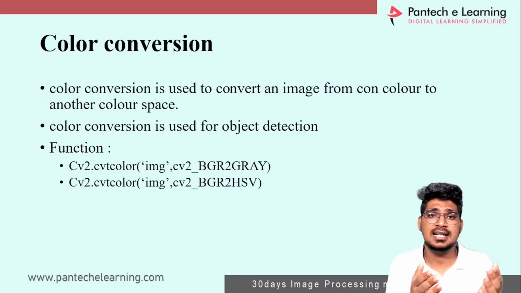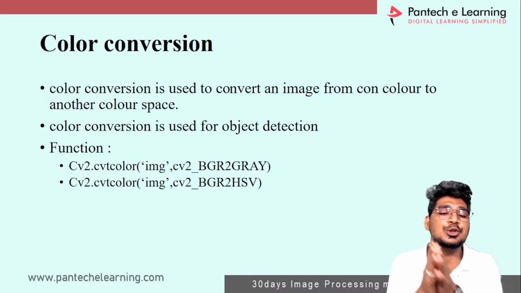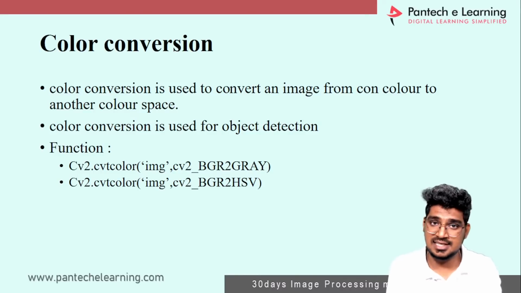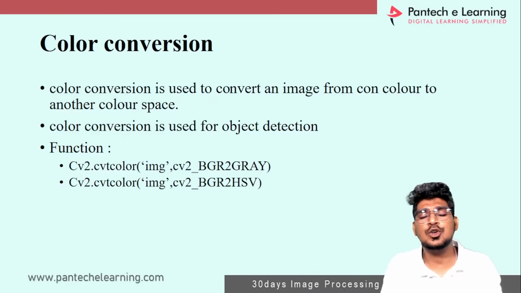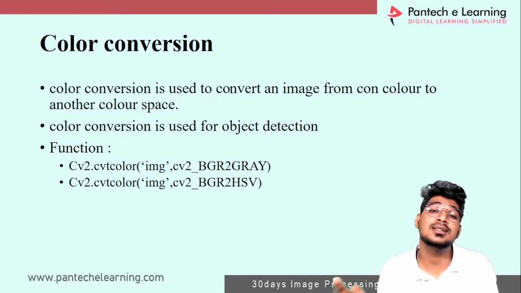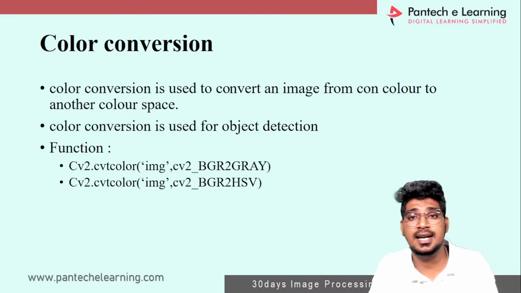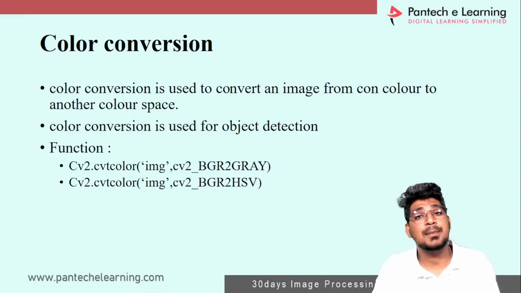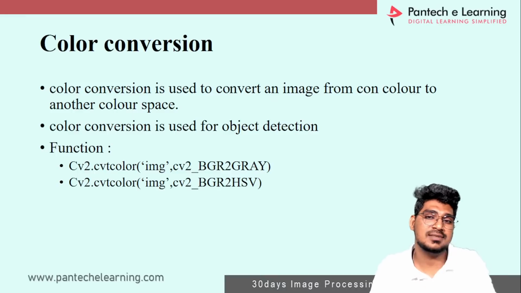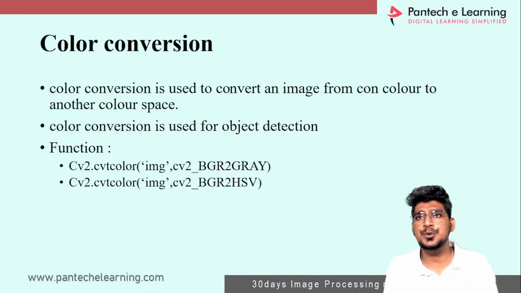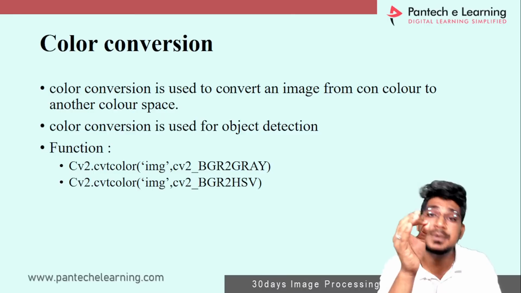That means, for example, BGR into grayscale and HSV. There are around 150 methods for color conversion, but mostly we use gray conversion and HSV conversion. These are used especially for object detection.